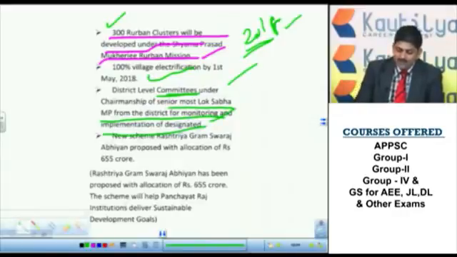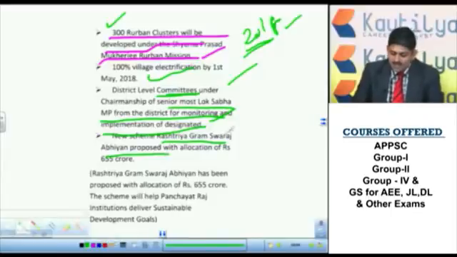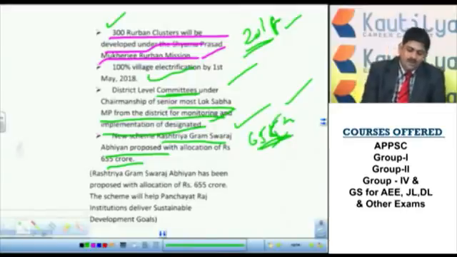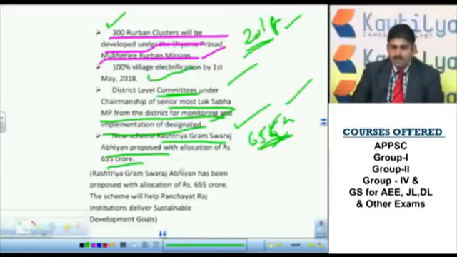In order to implement this, a new scheme was proposed, the Rashtriya Gram Swaraj Abhiyan. Under this, 655 crore is proposed and allotted.